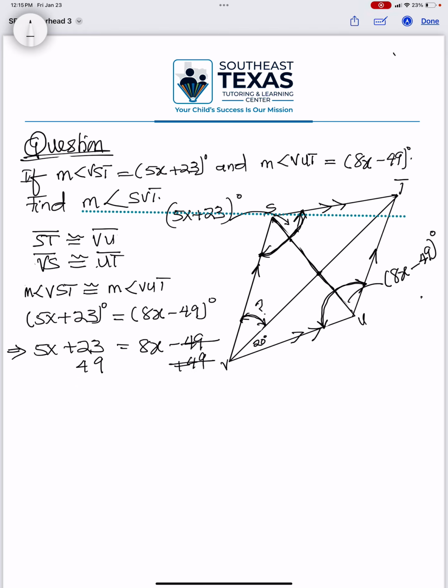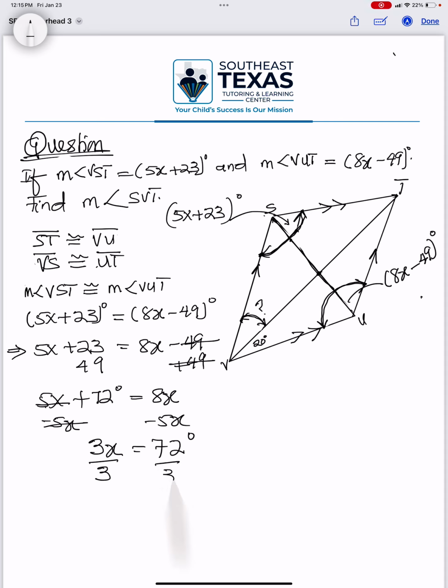So we're going to have 5x plus 23 plus 49, which gives us 72 degrees, equal to 8x. Minus 5x on both sides of the equation. This will cancel. So we have 3x is equal to 72 degrees. Divide by 3, divide by 3.